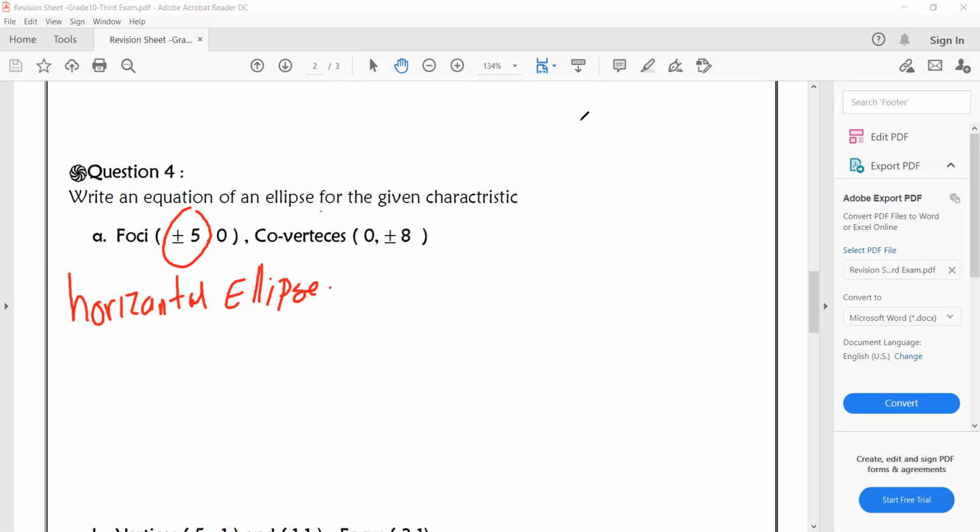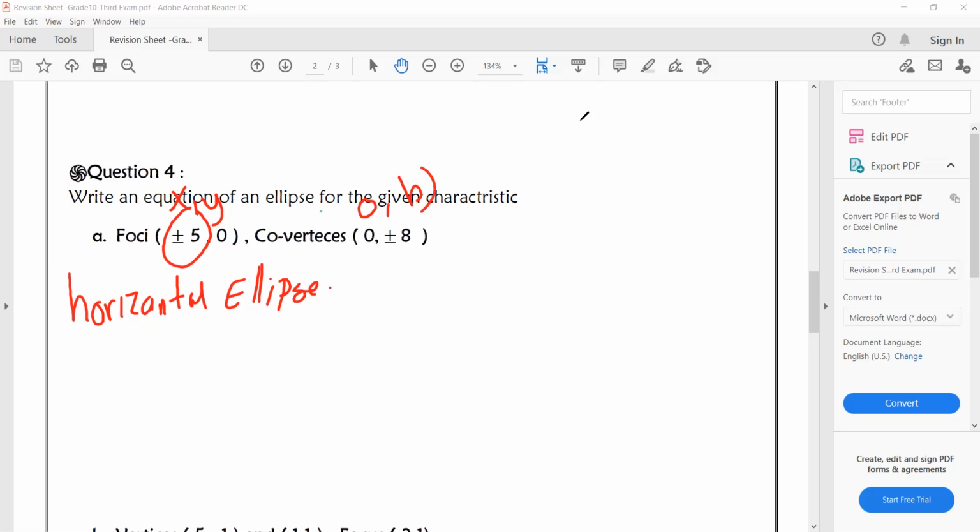Because here we have x, y, and the value is in x, so the value is on the x-axis, so the ellipse is horizontal. Now, they didn't give me the vertex, they gave the co-vertices, which talks about the smaller b.